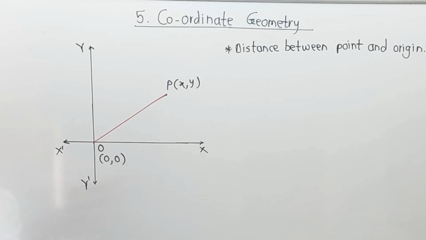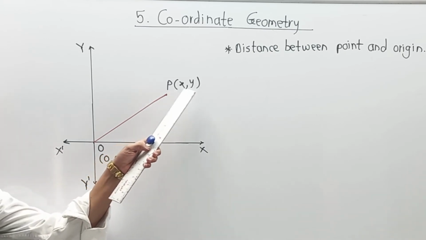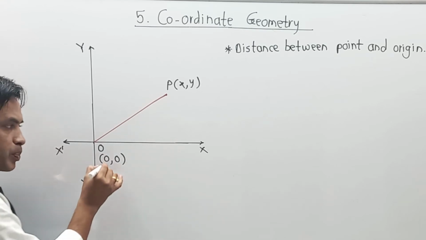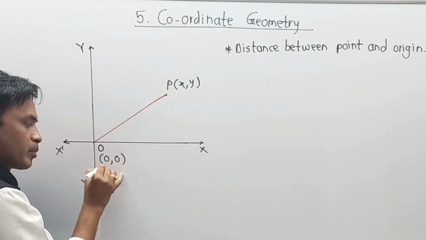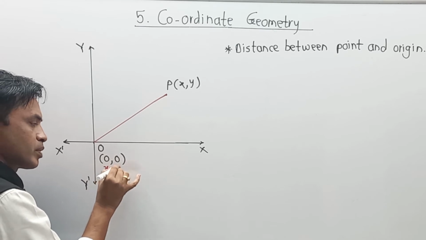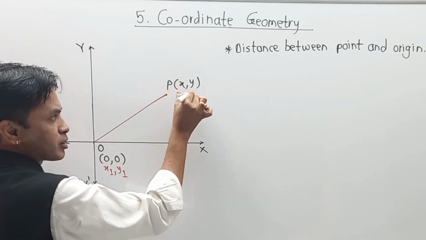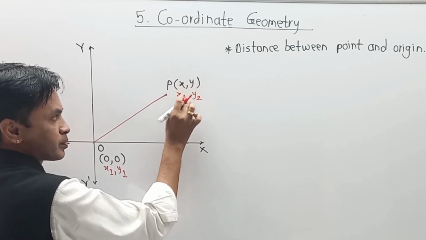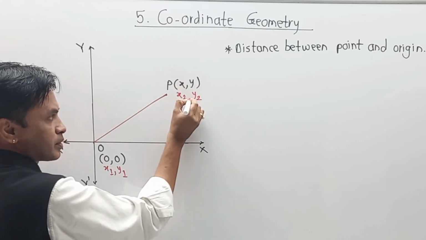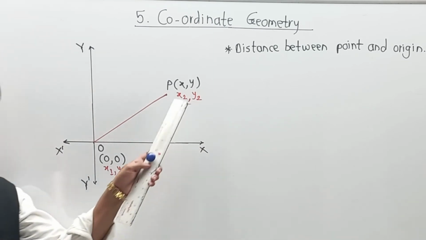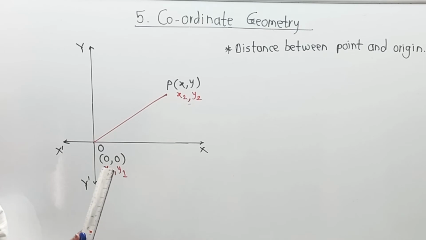Now remember one part over here. This P has coordinate x y, and this origin has coordinate 0 0. As per the distance formula, I am going to write the origin as x1 y1, and for P the coordinate as x2 y2. Now I am using the distance formula, and we know the formula: x2 minus x1 bracket square plus y2 minus y1 bracket square.